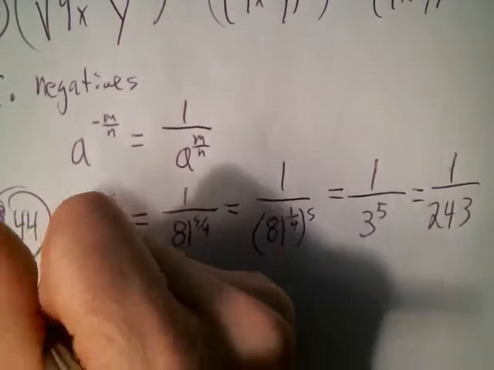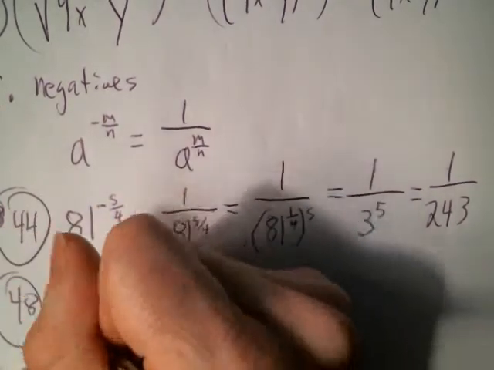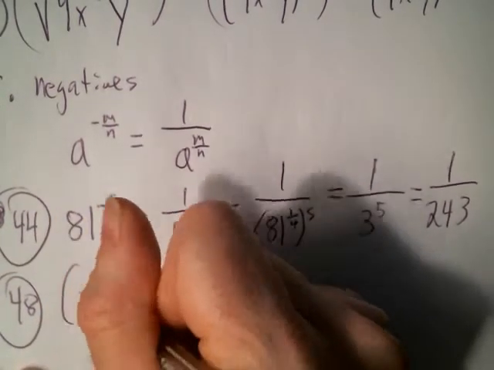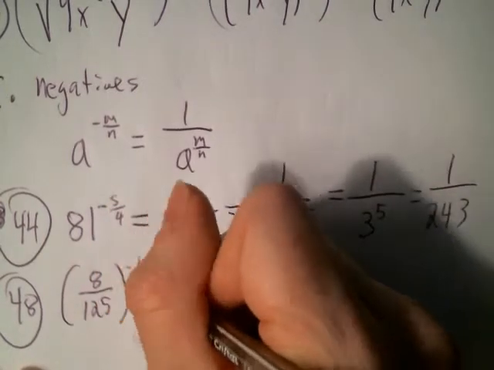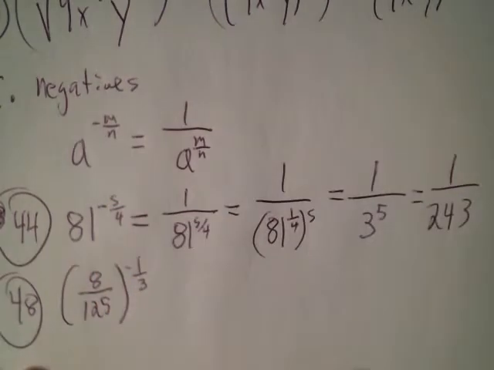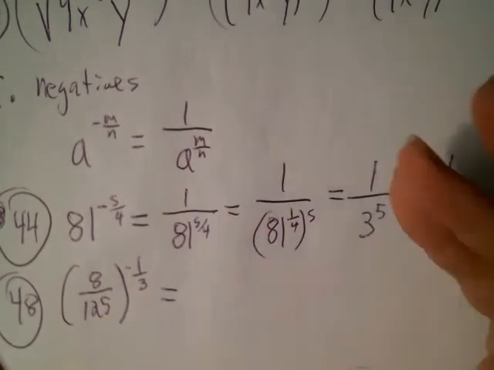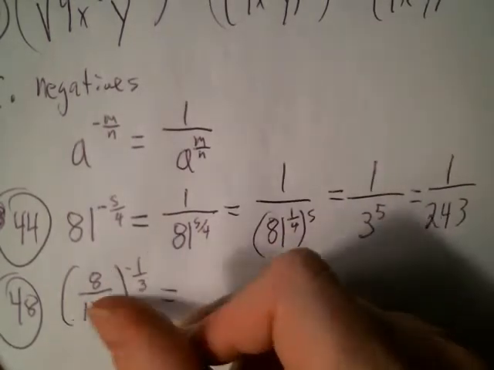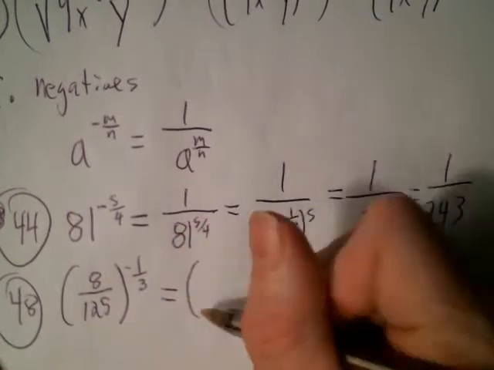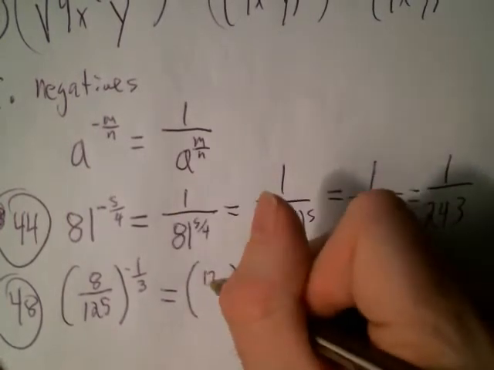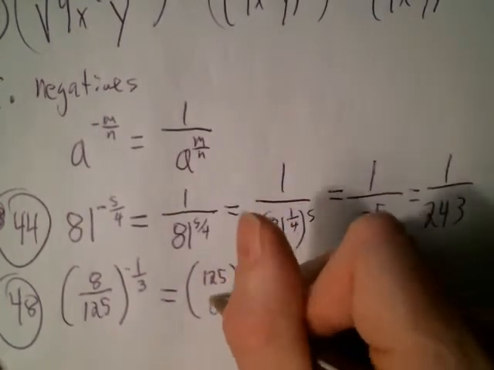Okay. Let's look at 48. So here I have 8 all over 125 raised to the negative 1/3. So depending on how your previous teachers have taught you to do this, there may be more than one way. What I teach students is to just flip the fraction and change the sign of the exponent.